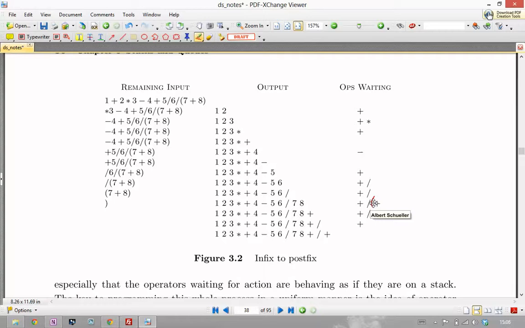The multiplication and division have 1 precedence. And then you could just do a simple integer comparison to decide, right? Here I have a multiplication operator, here there's a plus operator sitting on the stack. 1 is bigger than 0, push. Or you flip it around, I have a plus operator coming in, that's a 0. I have a star sitting on the stack, that's a 1. 0 is less than 1, so I pop the star operator.